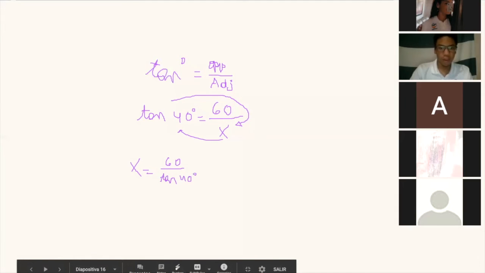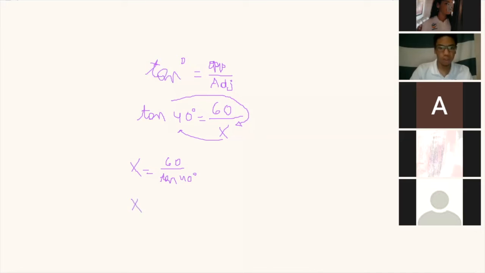Okay, so now we have to know the exact value of the tangent of 40, which is 0.83 in this case. So now the final step is just to do the division, and the final value will be 71.5.